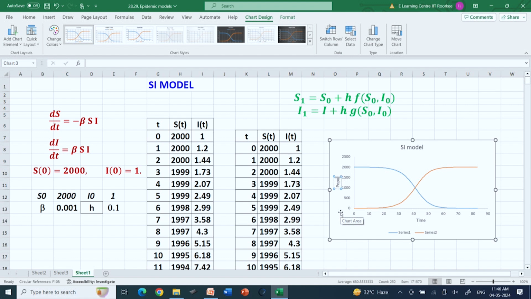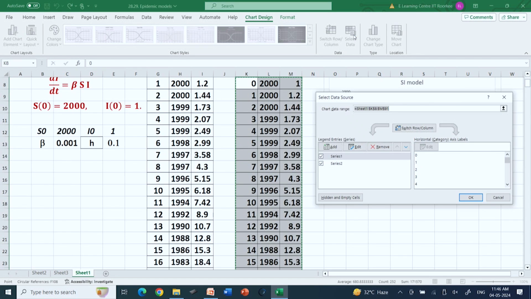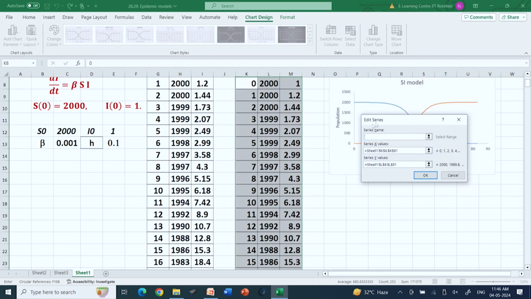So this is population, and ultimately this series, you go to this chart design, select data, here it will come series 1, edit.